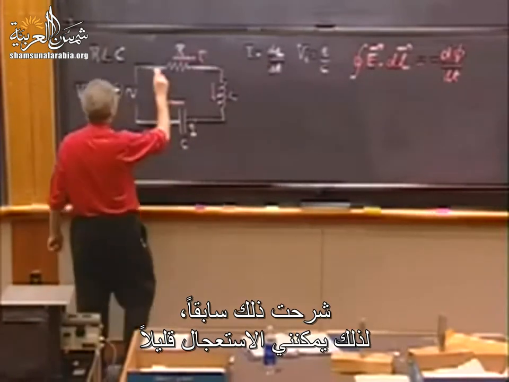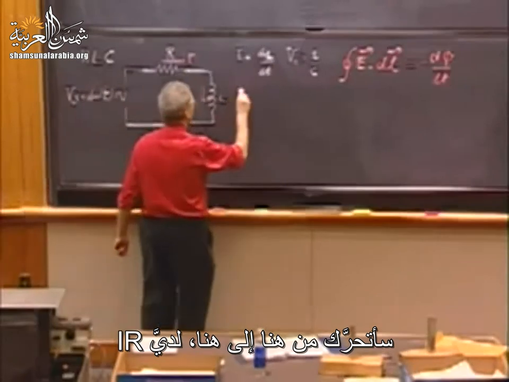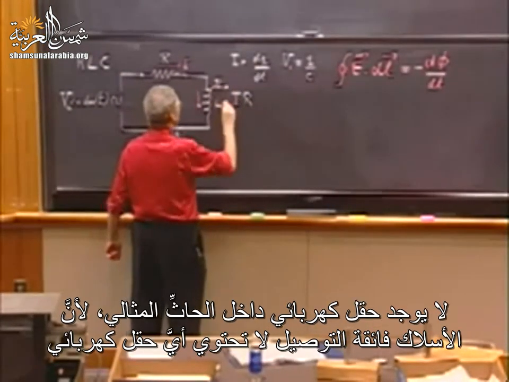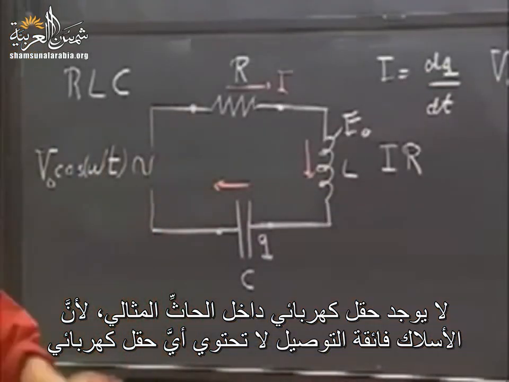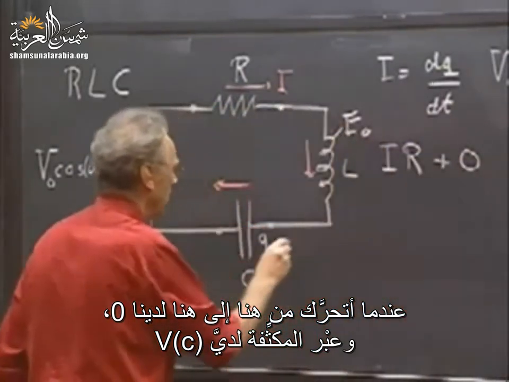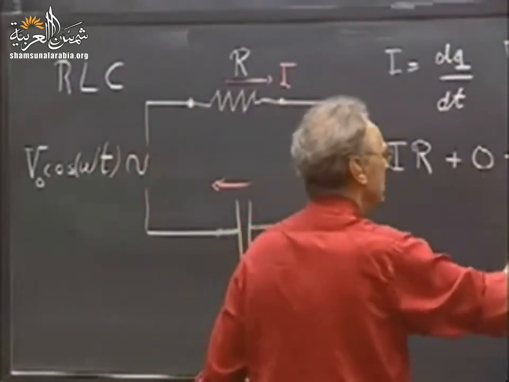So I've done this before, so I can do it a little faster. I go from here to here, so that is IR. There is no electric field inside an ideal self-inductor because in a superconducting wire there cannot be any E field. So that is zero going from here to there. When I go over the capacitor, I get my VC.